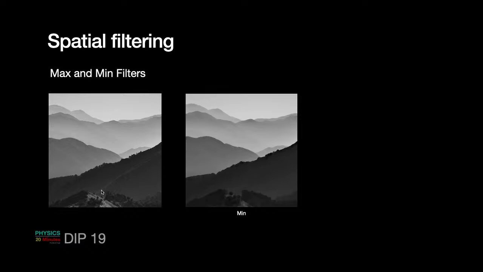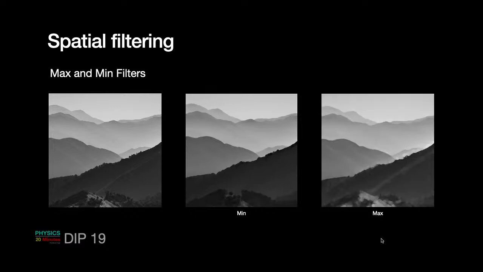For example, here you can make out a very faint road going up, which has vanished here. And this is applying the maximum filter. Once you apply the maximum filter of the same size, you can see that all these brighter regions have become brighter. This road has become more dominant, while the darker regions have been eroded.